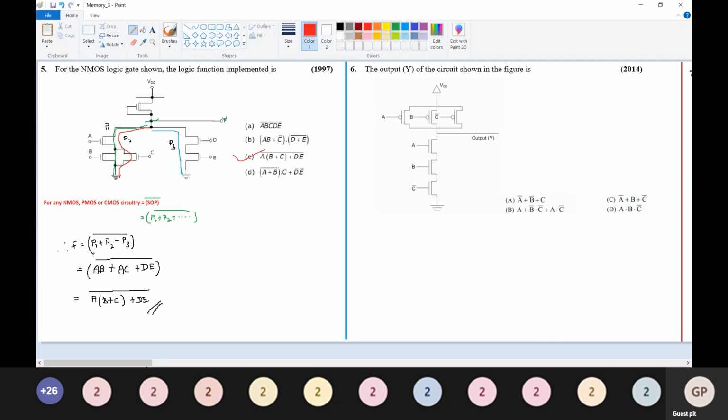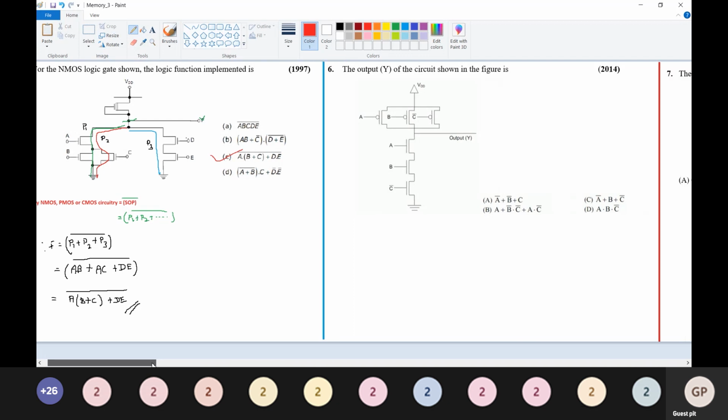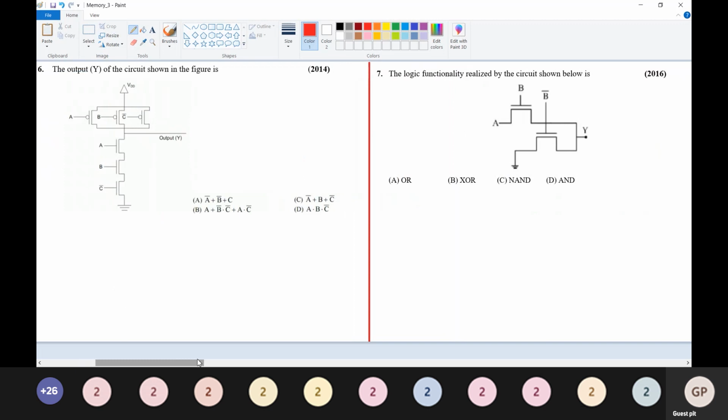Moving to the next question. What is the next question? The output Y of the circuit shown in the figure. Almost the same model.